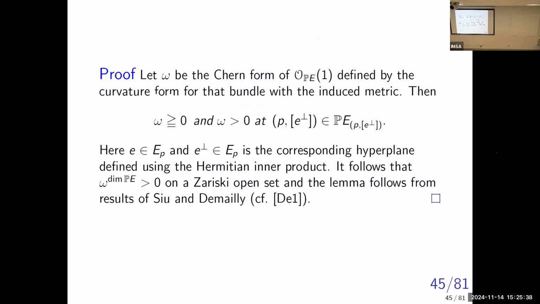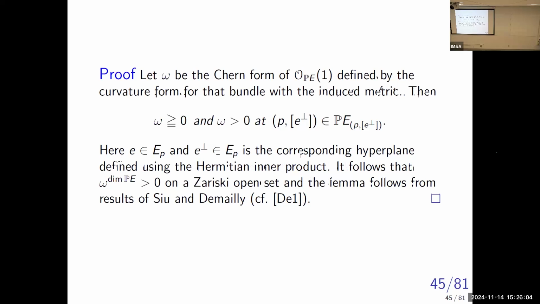And the geometric interpretation of that curvature form is the following. You take your vector bundle with a metric and look at the associated projective bundle. That thing has a line bundle. And there's a canonical metric on that line bundle on the associated projective bundle, induced from the metric on the original vector bundle.